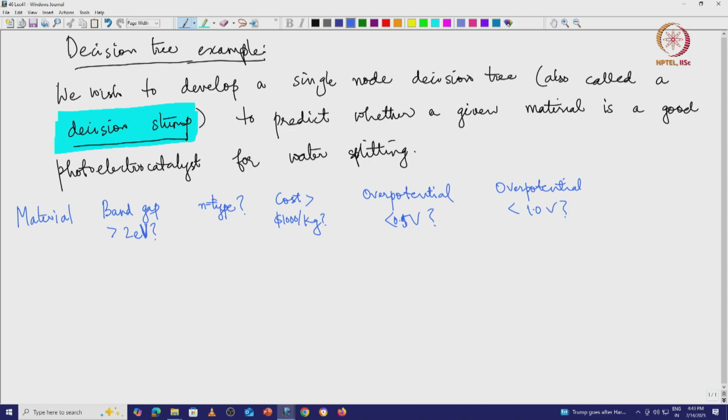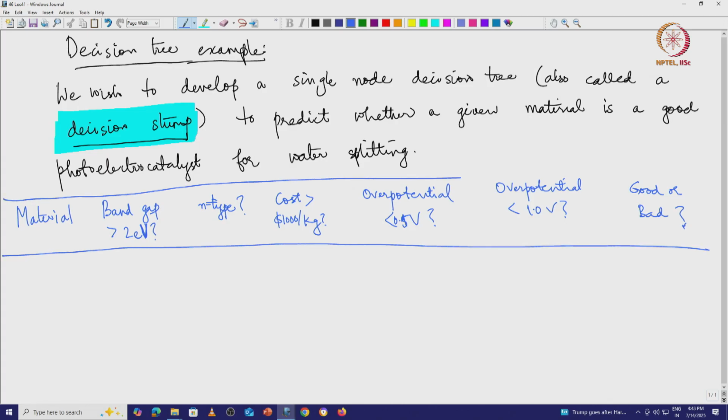And finally we wish to predict whether the material is a good or a bad photoelectrocatalyst. Okay. So this is the data set that we have been given. These are the features. So as you can see, how many features are there? There is band gap, whether it is n type or not, cost, overpotential, and whether the overpotential is less than 1 volt.